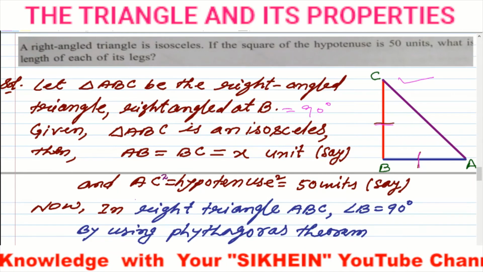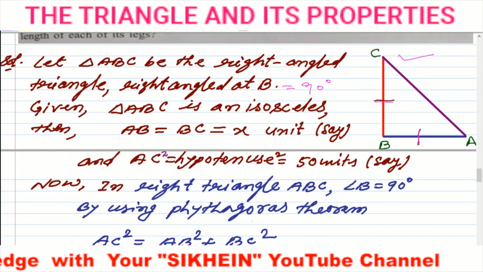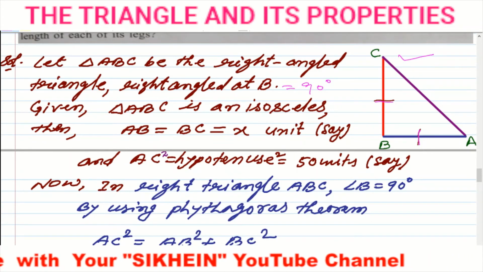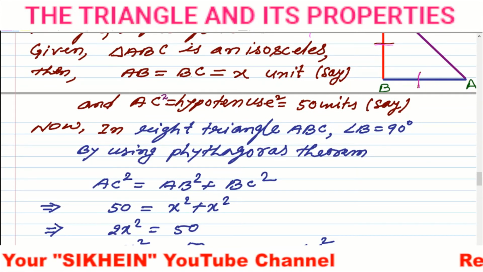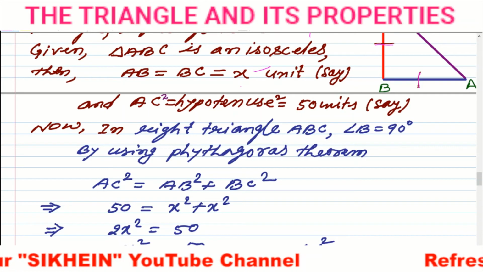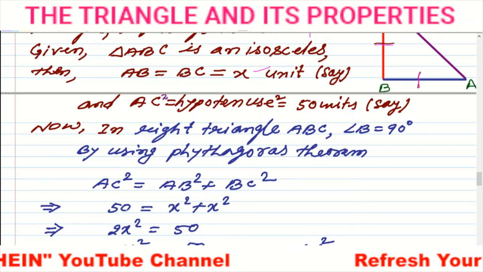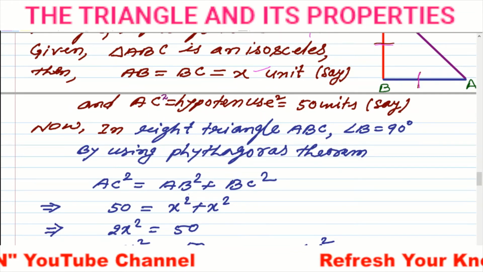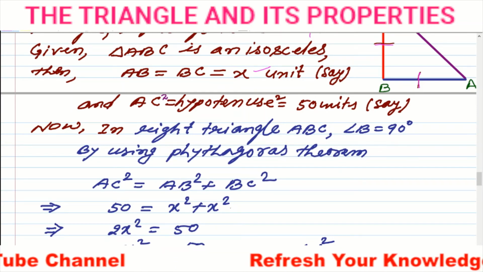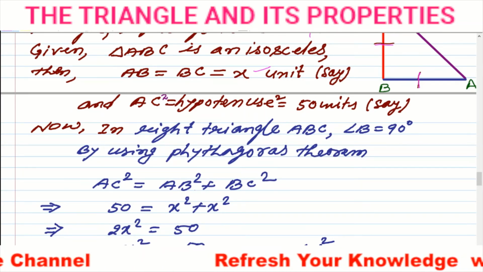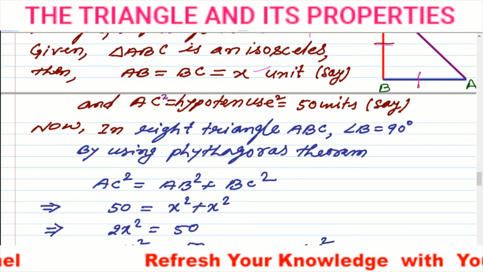Now in right triangle ABC, B equal to 90 degree. By using Pythagoras theorem, AC square equal to AB square plus BC square. We have taken AB equal to BC equal to x. Then AC square is given as 50 units, and AB square plus BC square we can write as x square plus x square, that means 2x square.